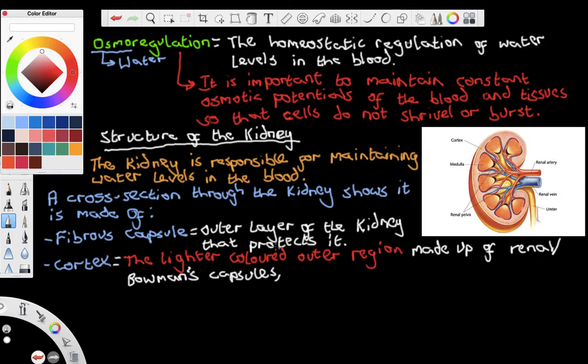We've got the convoluted tubules and blood vessels.